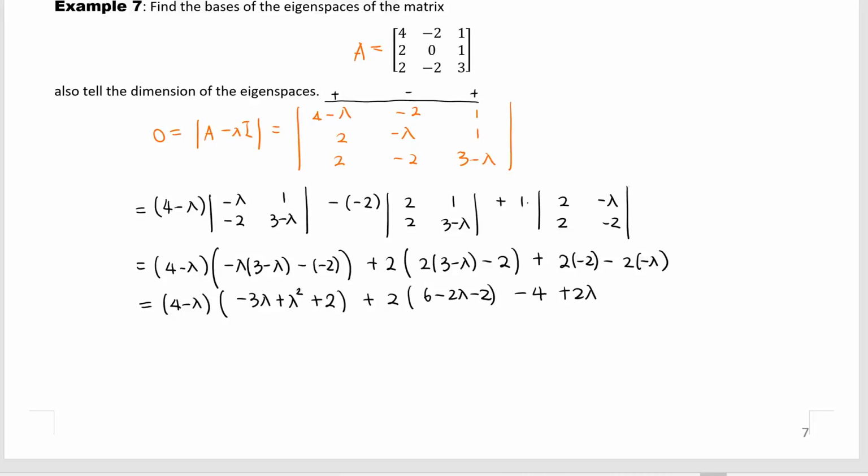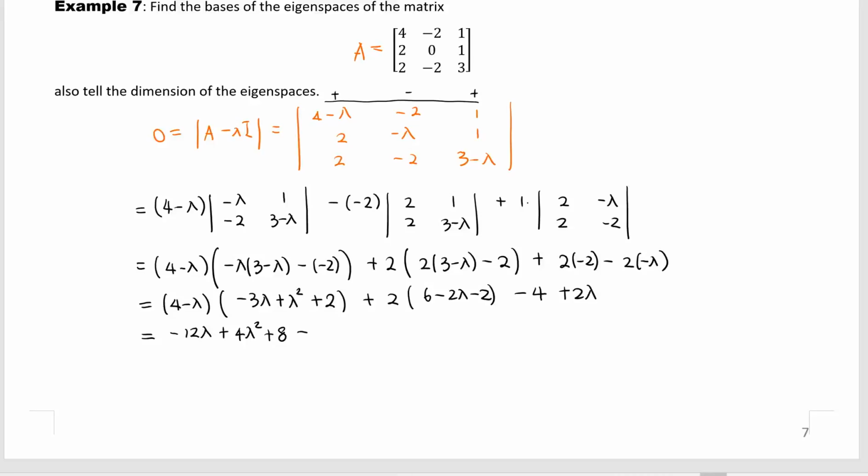But here it's not, so we actually need to multiply out. Okay, so let's see. 4, so hide the minus lambda, so 4 distribute. 4 times negative 3 lambda is negative 12 lambda. 4 lambda squared. And then plus 8. Okay.